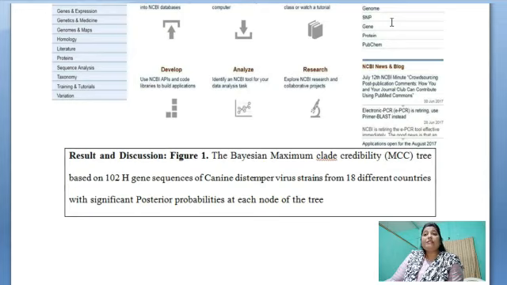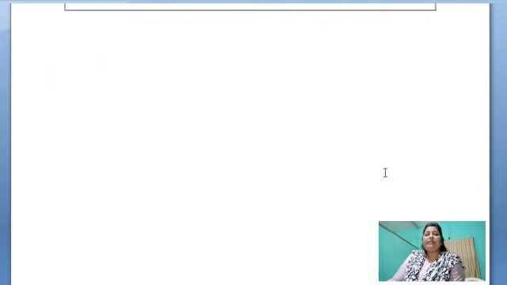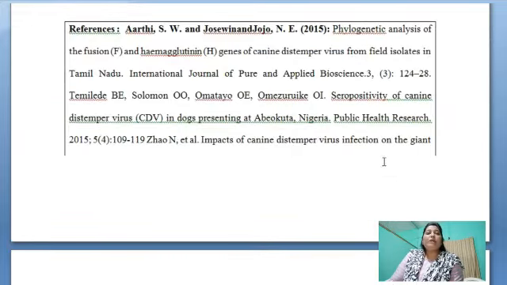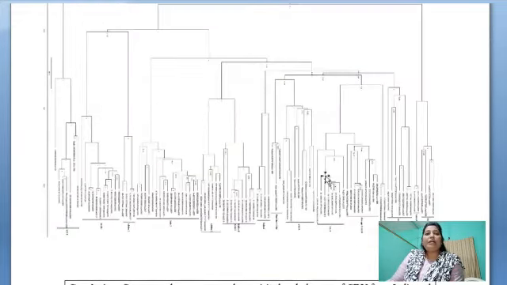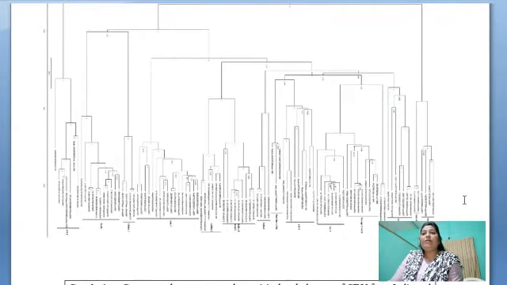The evolutionary Bayesian maximum clade credibility tree is based on 102 hemagglutinin gene sequences of canine distemper virus strains from 18 different countries, with significant posterior probability at each node of the phylogenetic tree.